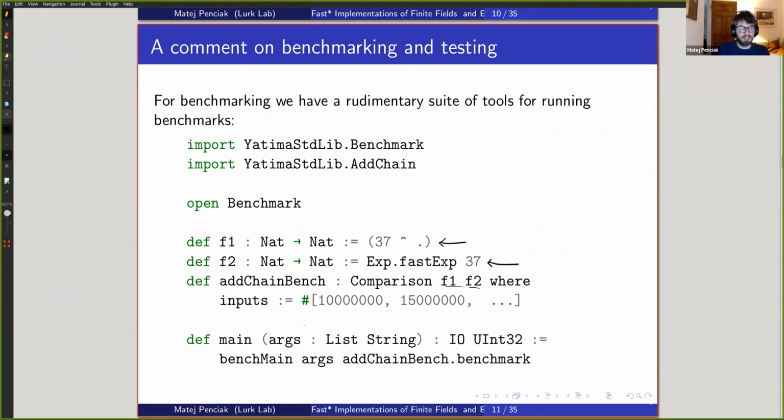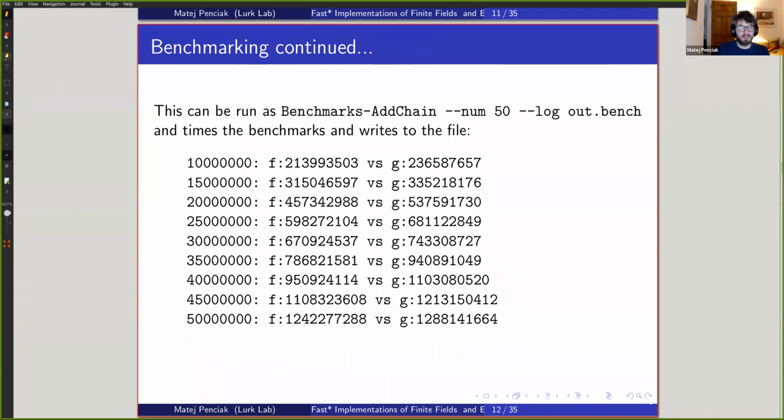Then in the compiled version, you run it with the number of iterations that you want. You log out to a file or to standard output, and you can get results like this. So you can really quickly compare the relative performance of different algorithms. This benchmarking tool is super important so that we can test whether we're on the right track for the efficiencies that we're trying to implement.